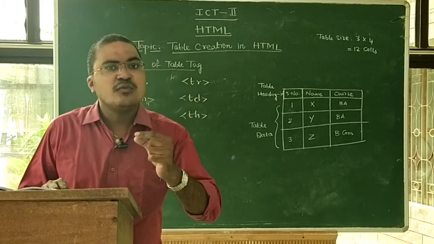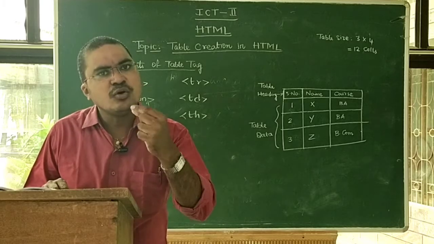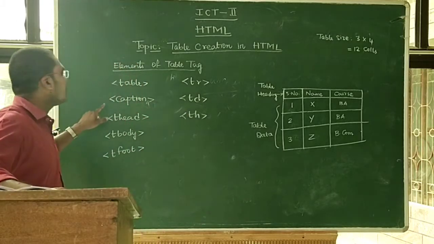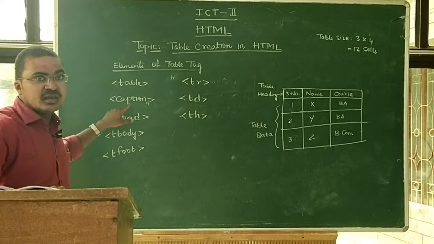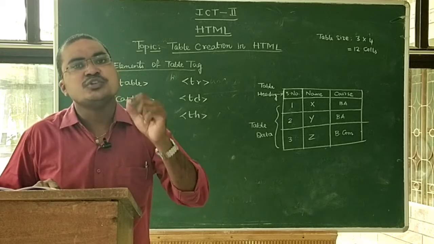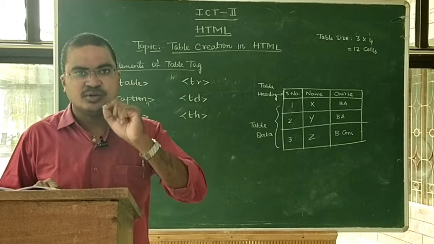So if you want to arrange a college logo in HTML, then in the table we use a caption. So the caption tag always helps to arrange a visual element into a table.